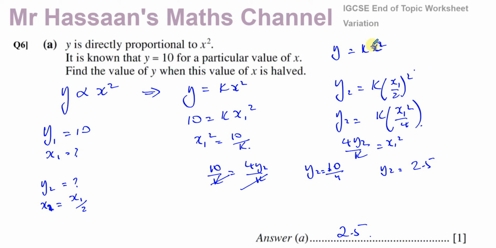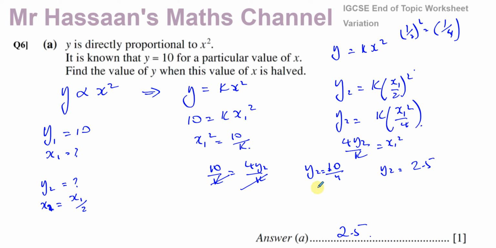It's kind of like the area factor and the volume factor. If x is 2 and you square that, then y is going to be increased by a factor of 4. So y changes by the square of the factor that x changes by. So if x is halved, y is going to be changed by a quarter, because a half squared is equal to a quarter.